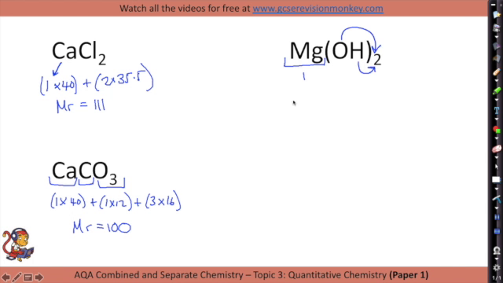So to calculate the relative formula mass of this one, it would be 1 lot of magnesium, which is 24, added to 2 lots of oxygen, added to 2 lots of hydrogen. The mass of oxygen is 16, the mass of hydrogen is 1. And if you add all of those together, you would have a relative formula mass of 58.